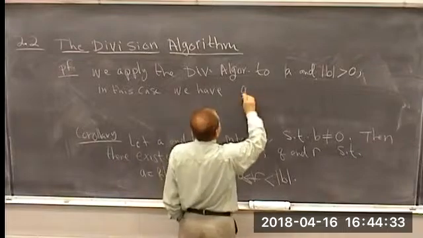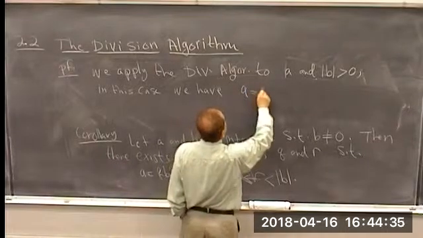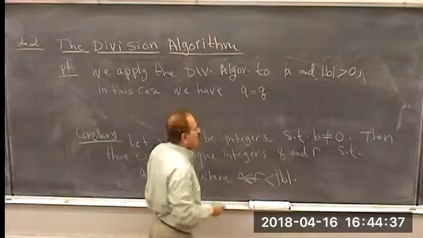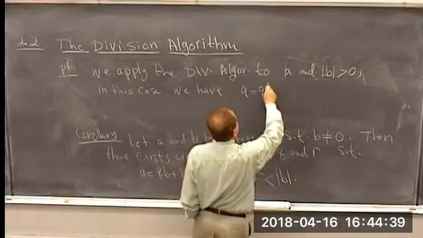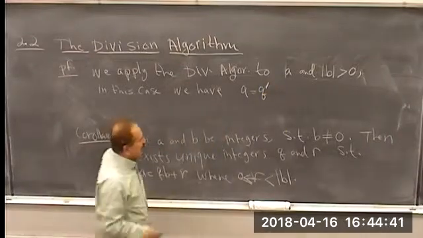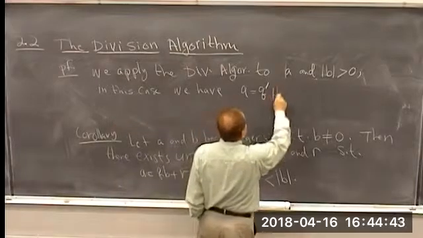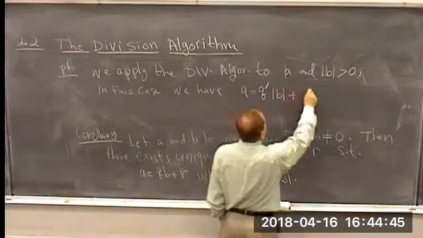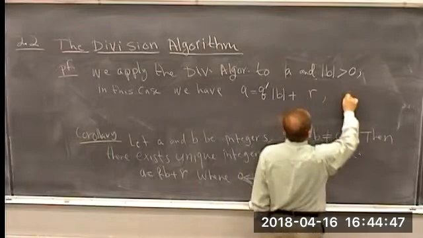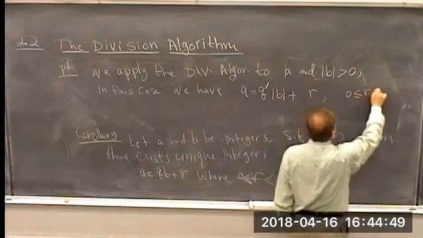There exists a Q prime, times the absolute value of B plus R, where R satisfies this condition.